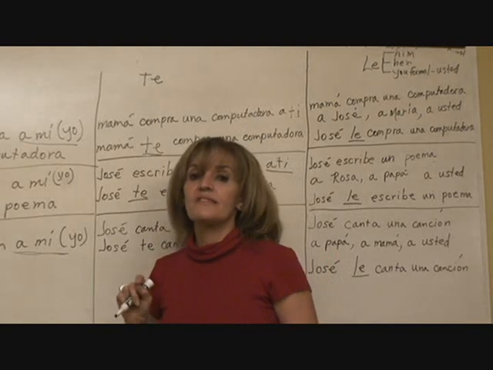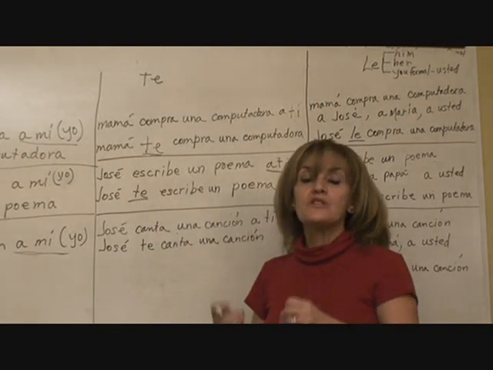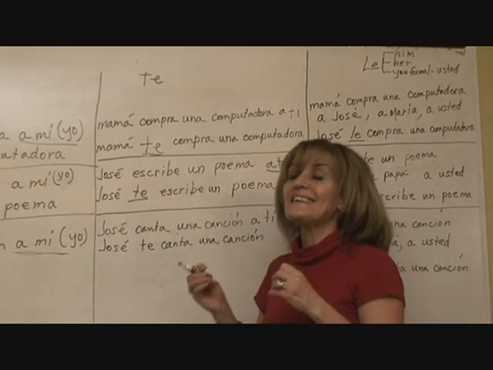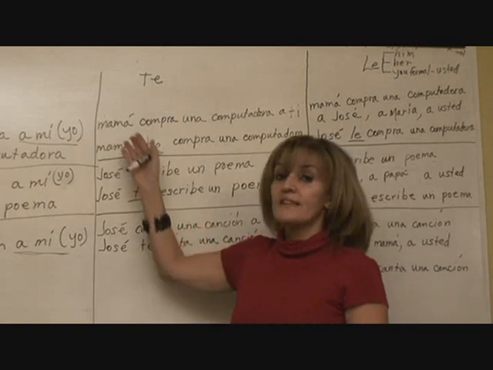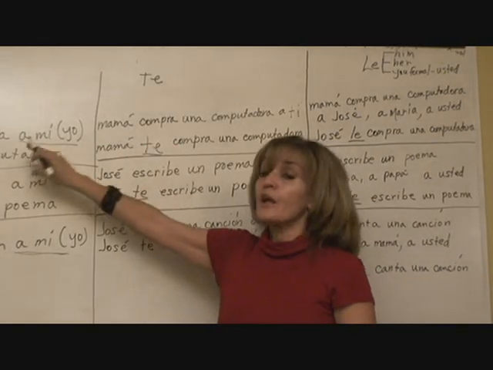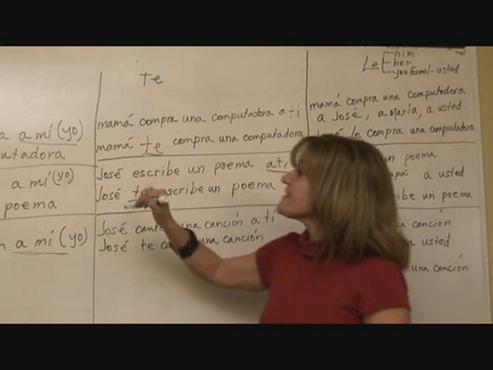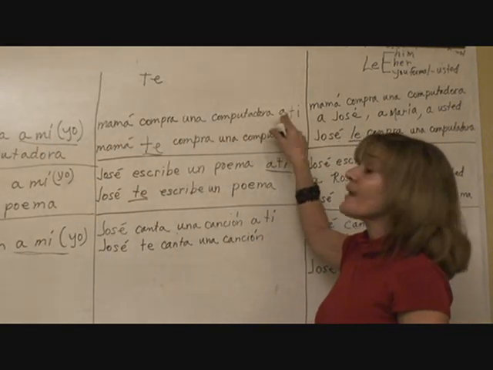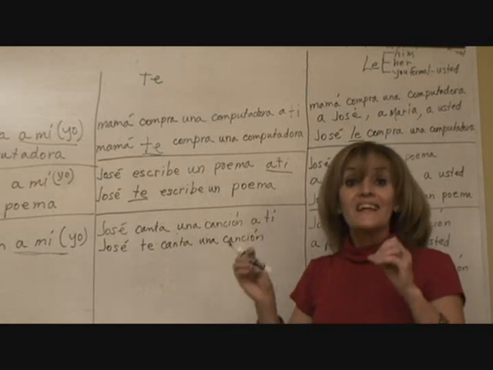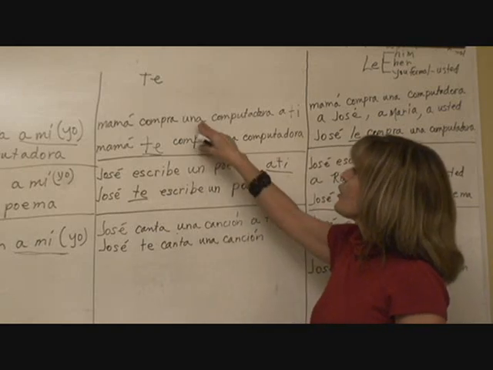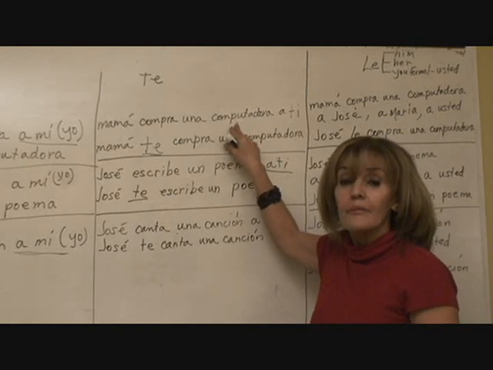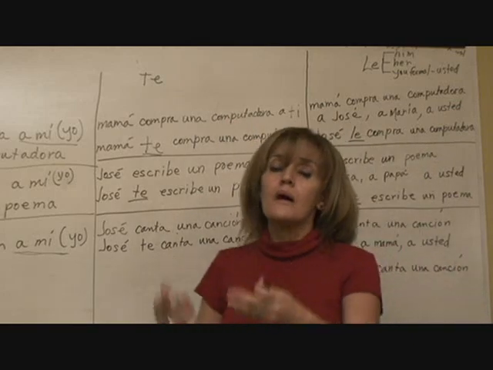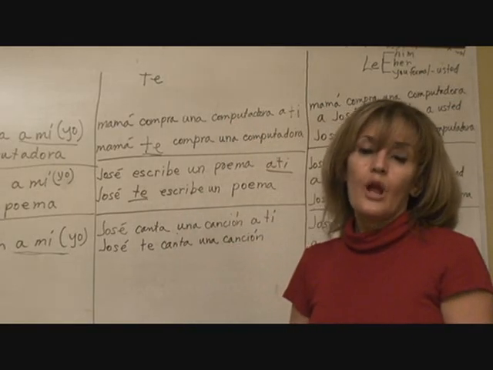For the second person singular, the indirect object pronoun in Spanish is te. I'm using the same examples here that I used with me. The first sentence, mamá compra una computadora a ti. The direct object here is una computadora. And for whom is that computadora?